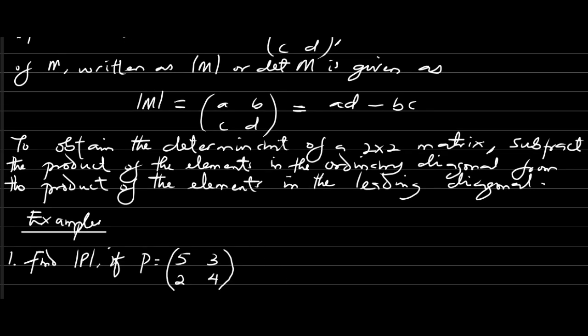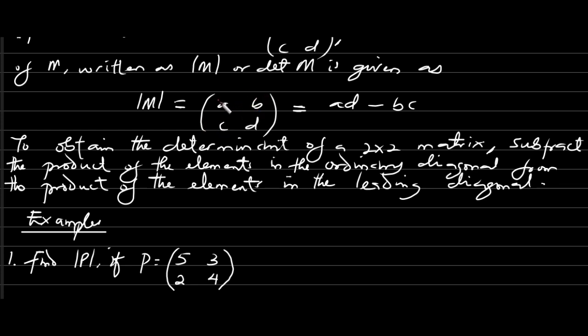That is, when you want to find the determinant, you have to subtract the product of the elements on the ordinary diagonal, which are B and C, from the product of the elements on the leading diagonal, which are A and D. So here, you multiply A and D together, minus you multiply B and C together.